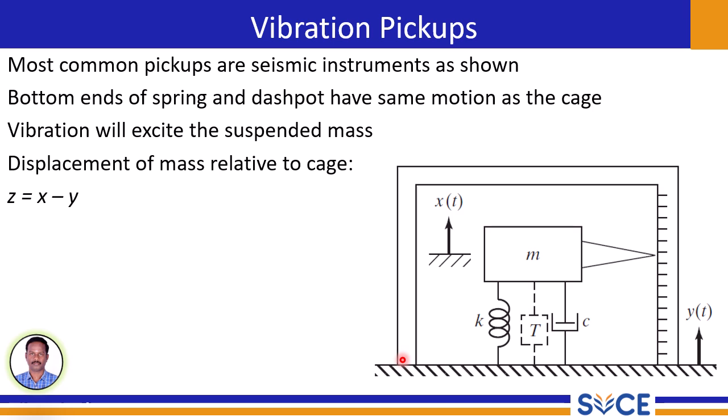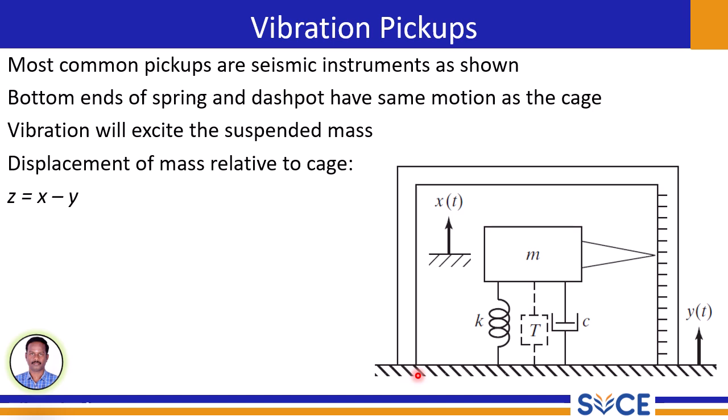Now, when this object vibrates, this cage and consequently the bottom end of the spring and damper also move. This vibration will excite the suspended mass. However, due to its inertia, it is resistant to change in motion. That is, the suspended mass will tend to lag behind the motion of the cage.